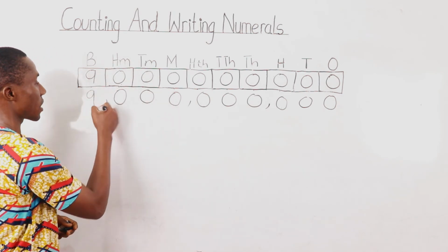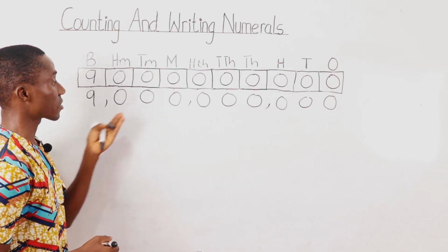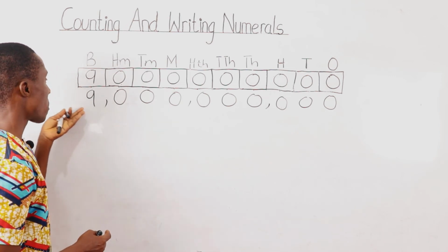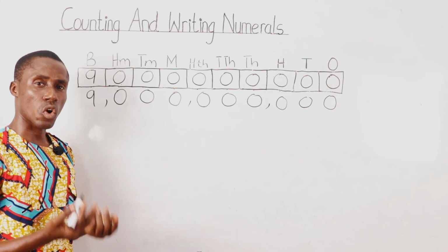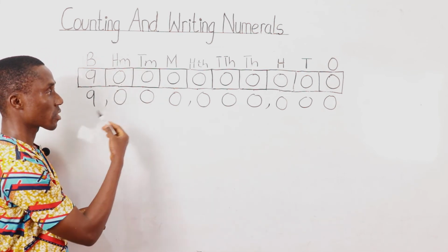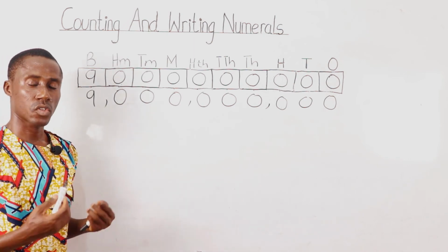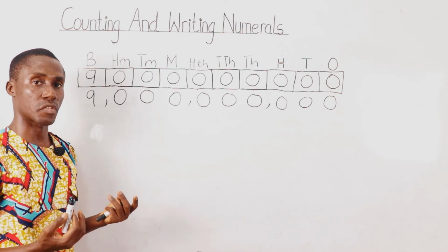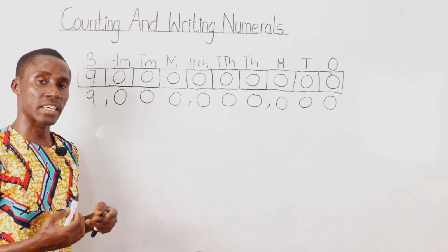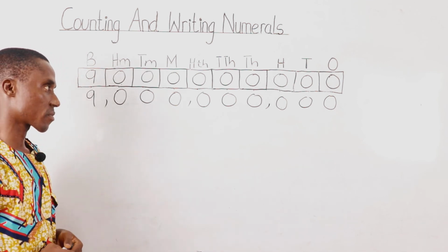We will put another comma here to separate the next 3 digits. Now, if we were to have more digits, we are going to keep on separating them with the comma into groups of 3 digits, so that it will be easy for us to mention the number.